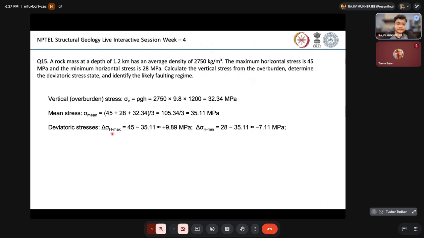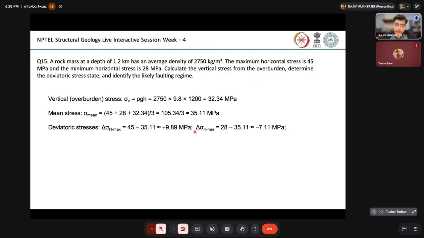So the horizontal maximum stress will be 45 minus 35.11, which is a positive quantity, 9.89. And for the minimum value, 28 minus 35.11, it is minus 7.11 megapascal.